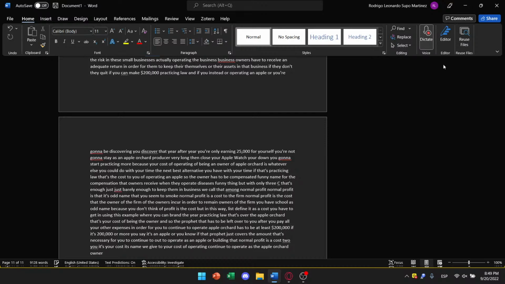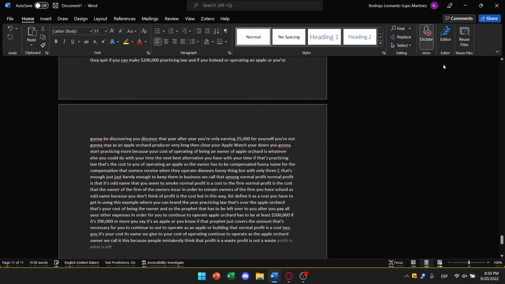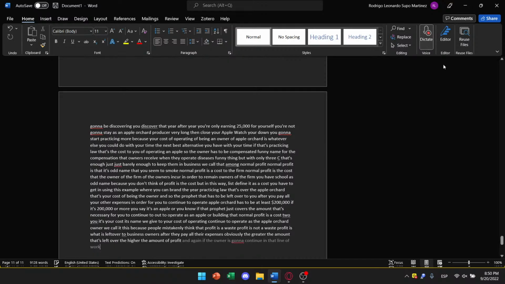We call it this because people mistakenly think that profit is a waste. Profit is not a waste. Profit is what is left over to business owners after they pay all of their expenses. Obviously, the greater the amount that's left over, the higher the amount of profit. And again, if the owner is going to continue in that line of work, the amount left over has to be at least equal to normal profit.